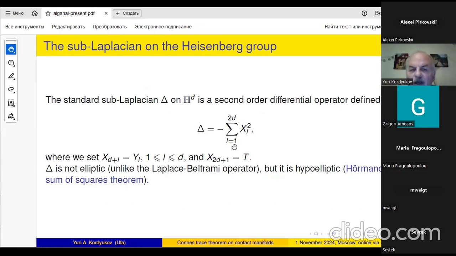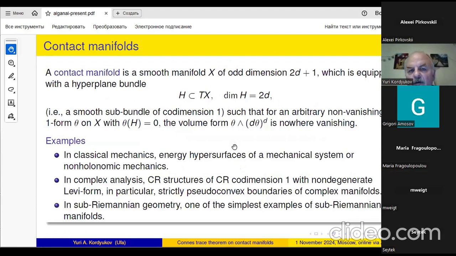And actually, this appeared in complex analysis. As I told you, one of the basic examples is the boundary of a strictly pseudo-convex domain.